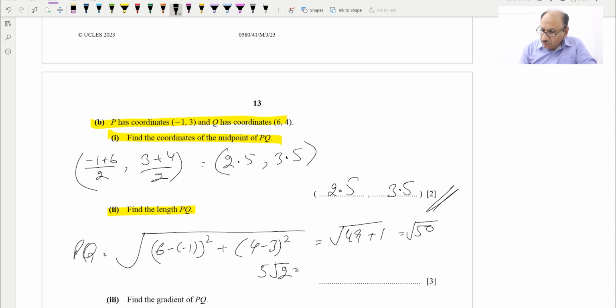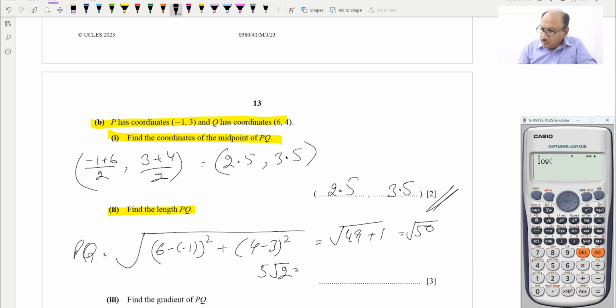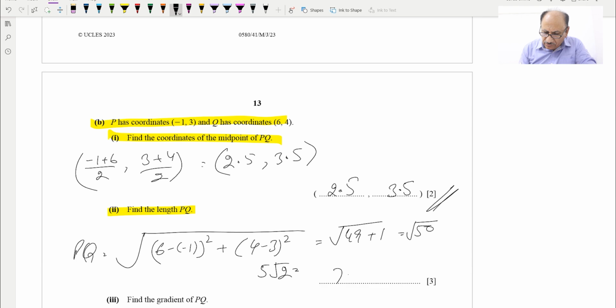Or we can check the decimal value: 5 square root of 2 is equal to 7.07. So we can write either as the answer. This will be the final answer for 3 marks.